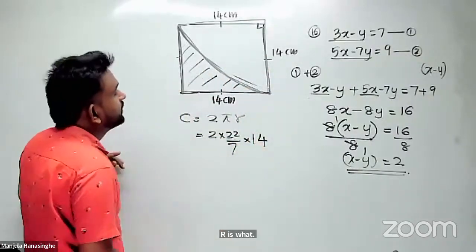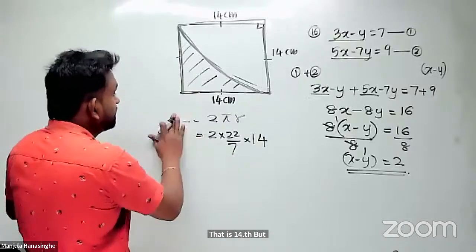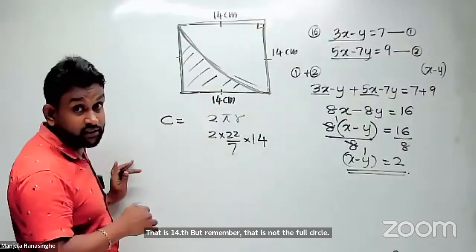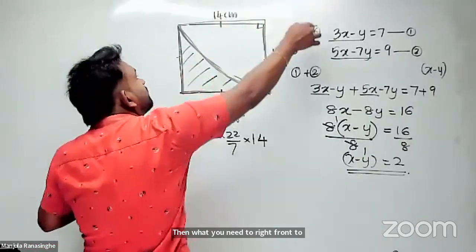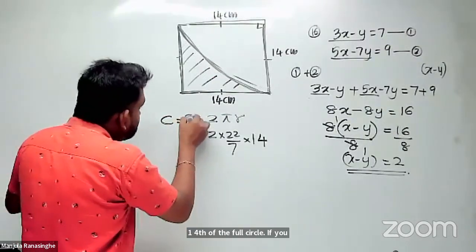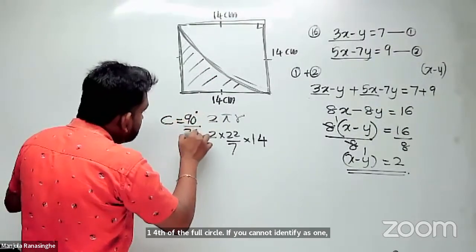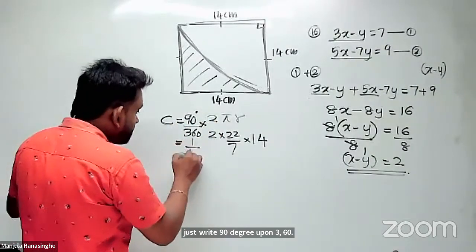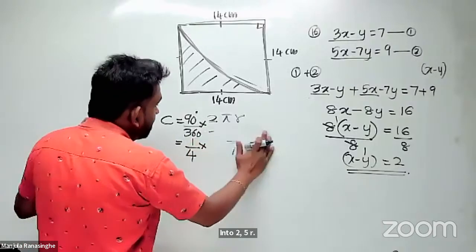But remember, that is not a full circle. This is 90 degree, and 90 degree means 1/4 of the full circle. If you cannot identify it as 1/4, just write 90 degree upon 360 into 2πr. When you simplify it, that is 1/4 into 2πr.